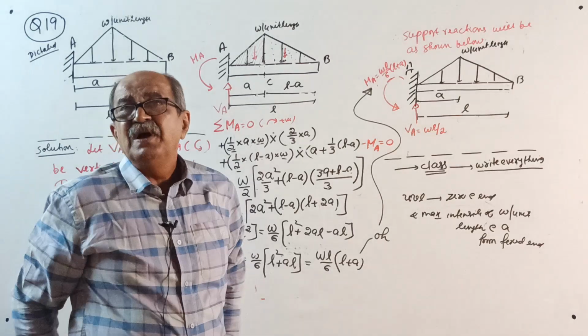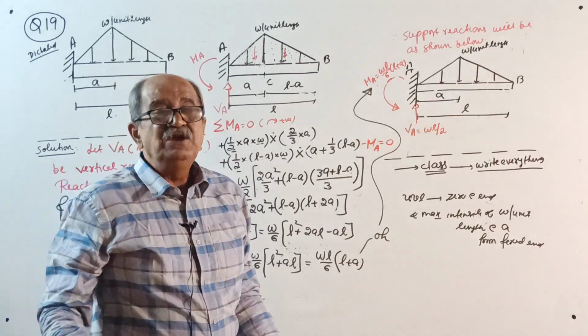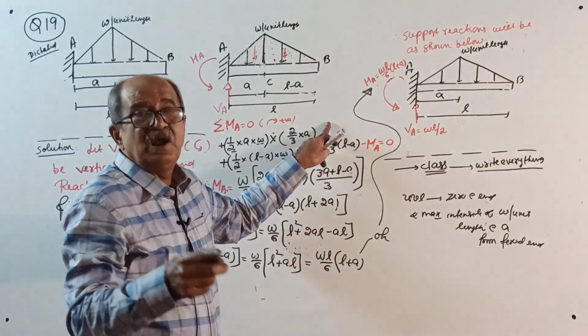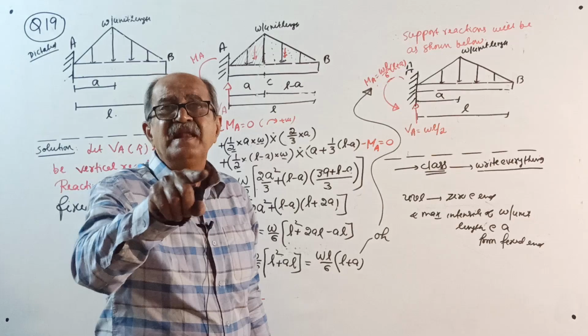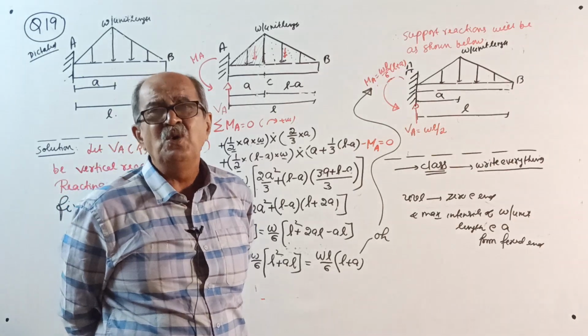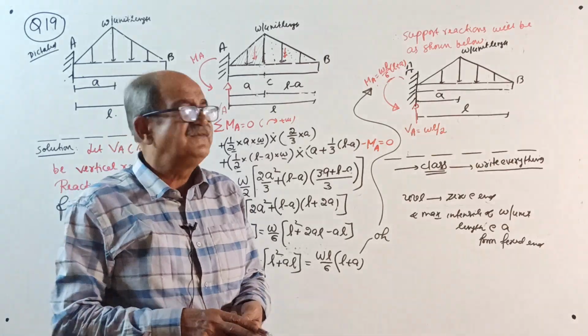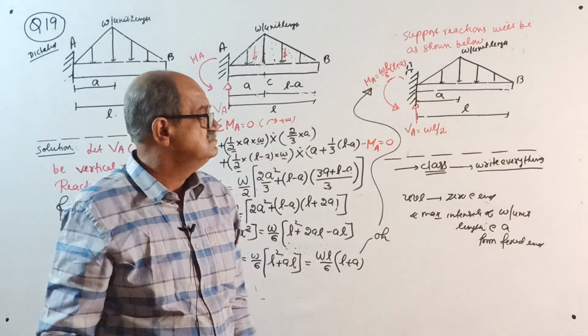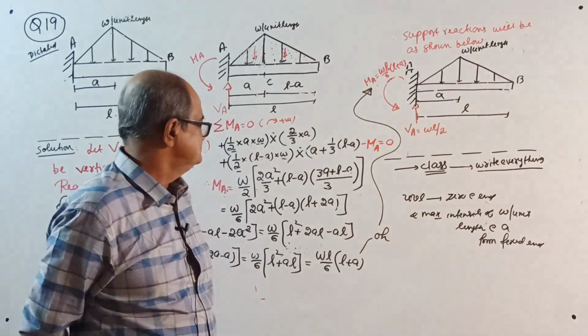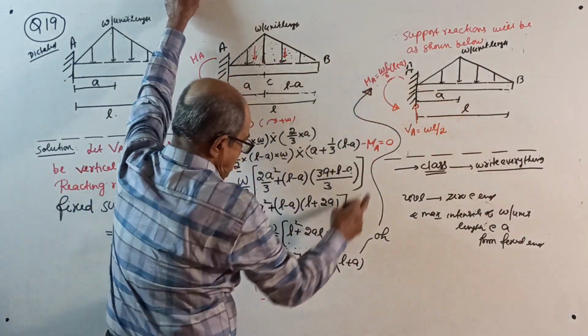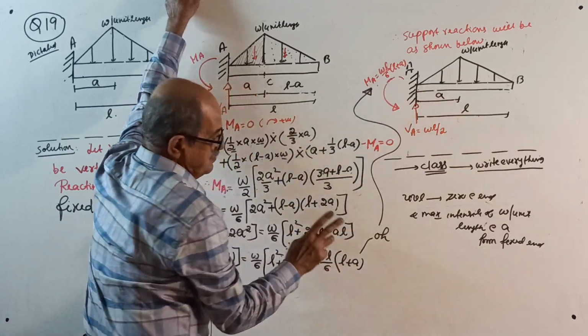If I wanted to escape, I should have paused the recording, silently written everything, then come back, started the recording and explained to you. No, I got confidence. Answer has to come. Otherwise, there is no meaning for structural engineering. So finally, WL by 6 into L plus a came.